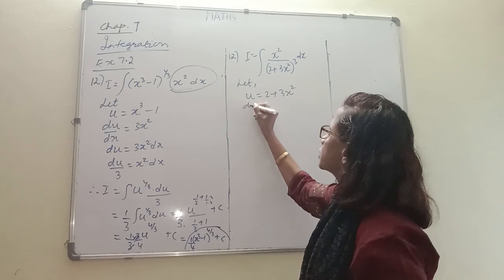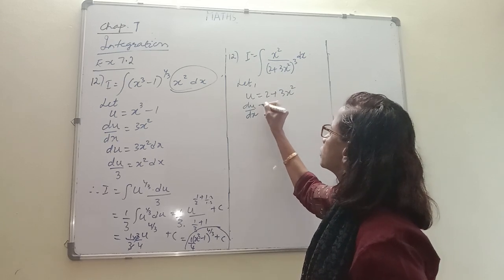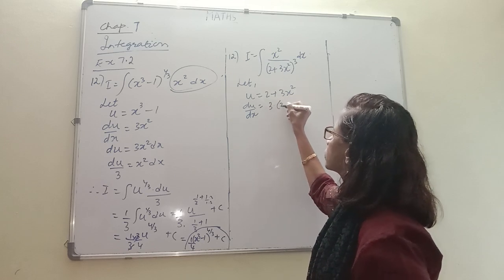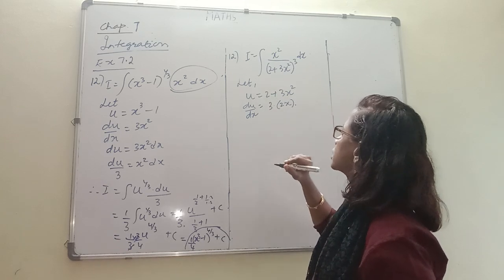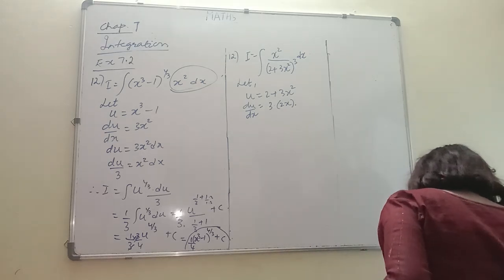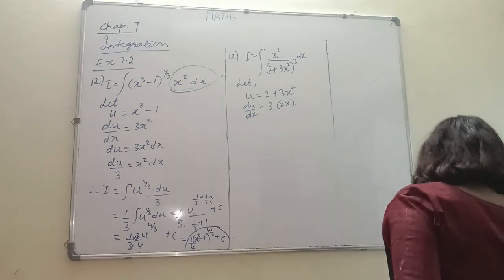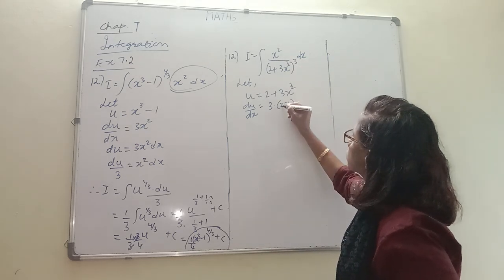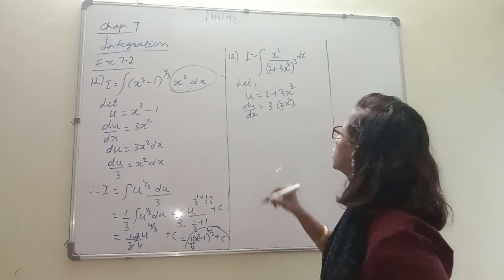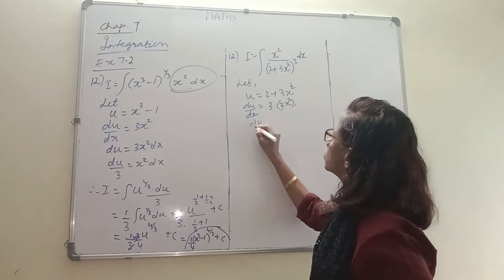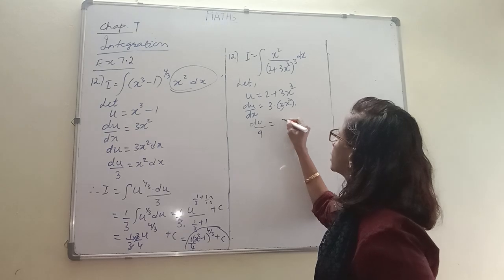So when you take the derivative du over dx, 2 doesn't have a derivative, and the derivative of 3x squared is 6x. Oh, let me see, I've not written it correctly. It's x cube. Very sorry, this is x cube. So it's going to be 9x squared. Because you require x squared dx over here, it is du over 9 becoming x squared dx.